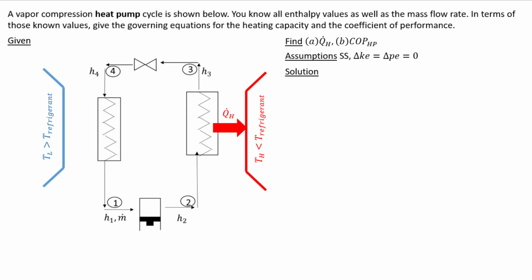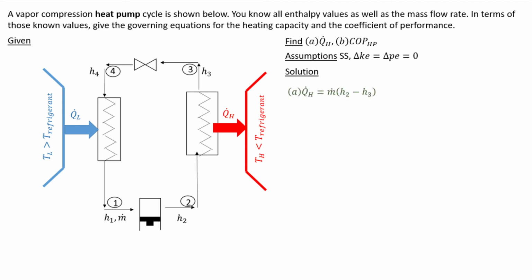If the temperature of your refrigerant as it's flowing through that heat exchanger from 4 to 1, which happens to be your evaporator, is lower than the temperature of your refrigerated space, heat is always going to flow from what's hotter to what's colder. So at this point, what's really hotter is your refrigerated space, and so heat is going to flow from the refrigerated space to your refrigerant, and that's your Q dot L or your Q dot in to the cycle.